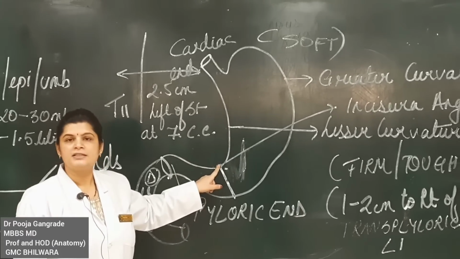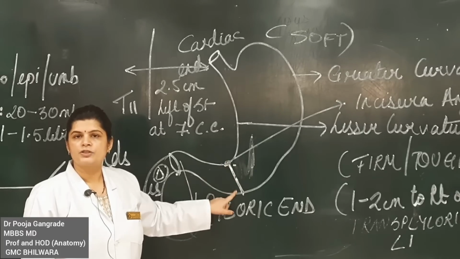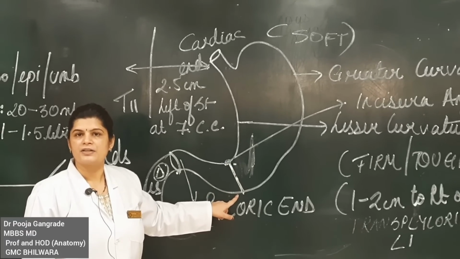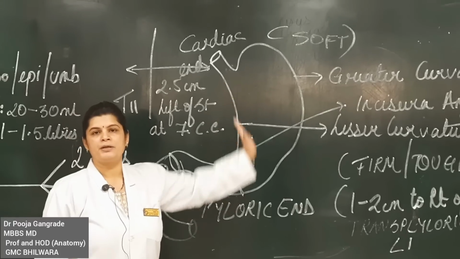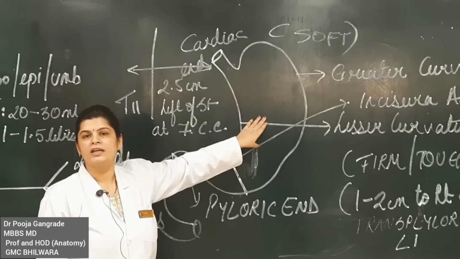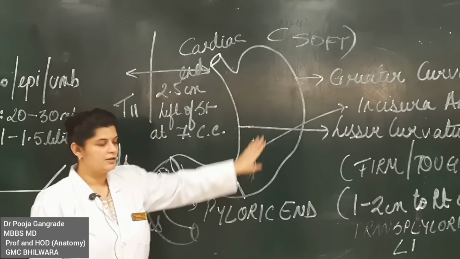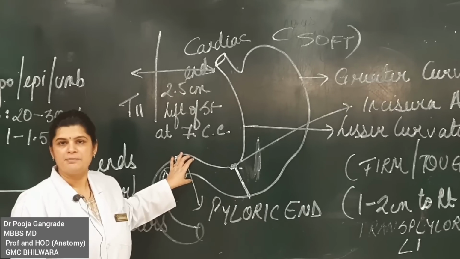So from the incisura angularis, if we draw an imaginary line going towards the greater curvature, we divide the stomach into two parts. The upper part, the proximal part, will be called the body of the stomach, whereas the lower part, the distal part, will be called the pylorus.